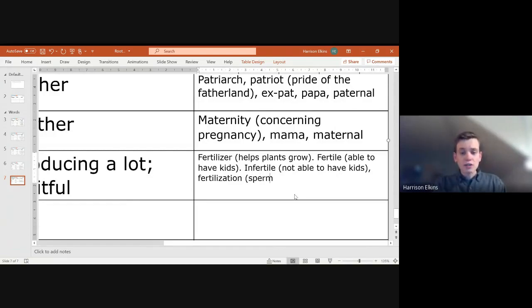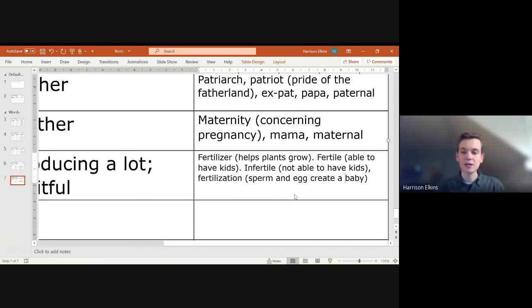Fertilization is when sperm and egg come together to create a new cell, new offspring. We call it a zygote, but you don't need to know that right now. Sperm and egg come together and create, we could say, a baby eventually. It's going to grow into a baby.